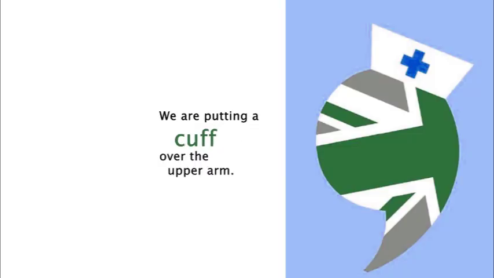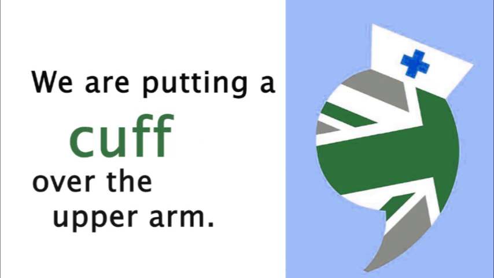When we go into the patient room to do the vital sign observation, as nurses, we are putting a cuff over or onto the upper arm to be able to do the blood pressure.